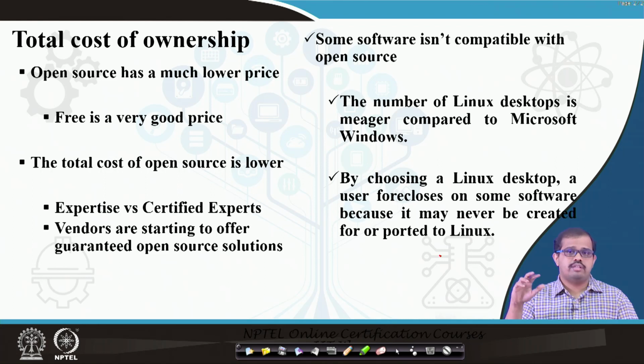Otherwise it is not because of the open source software that it is not compatible. By choosing a Linux desktop, a user forecloses on some software because it may never be created for or ported to Linux. That is what I said. That platform is not created.